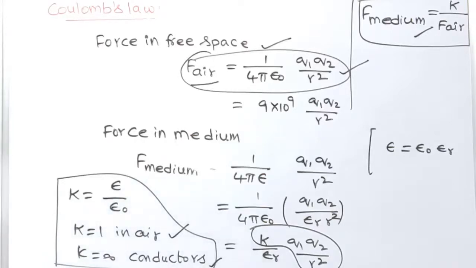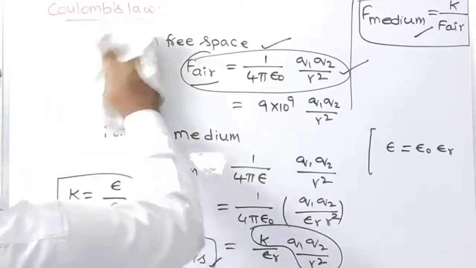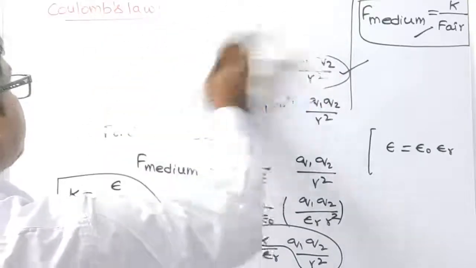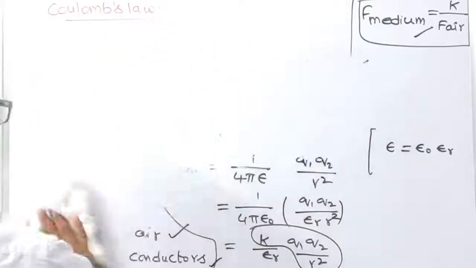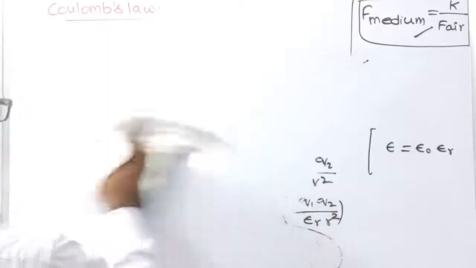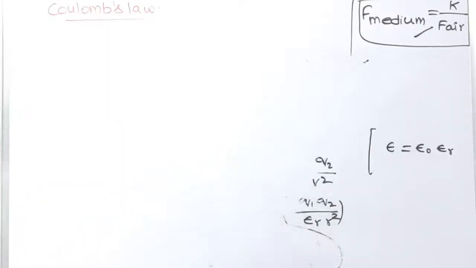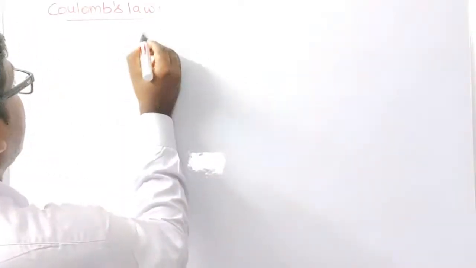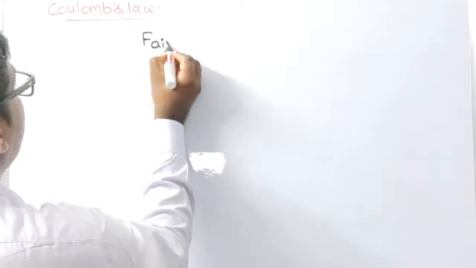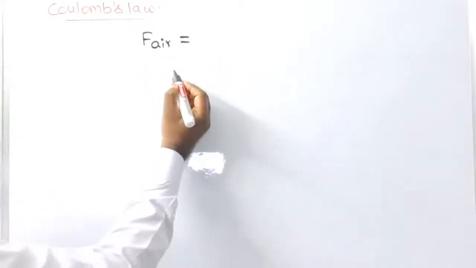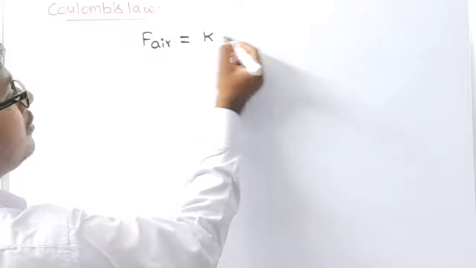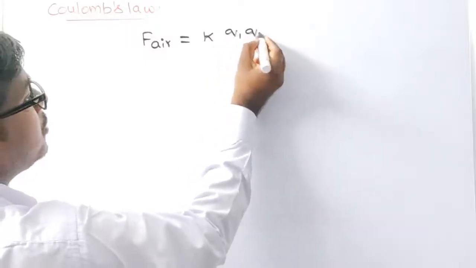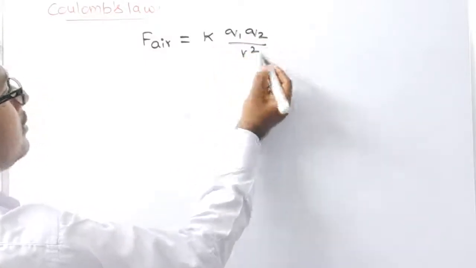The next, the continuation of Coulomb's law. F air is equal to k into q1 q2 by r square.